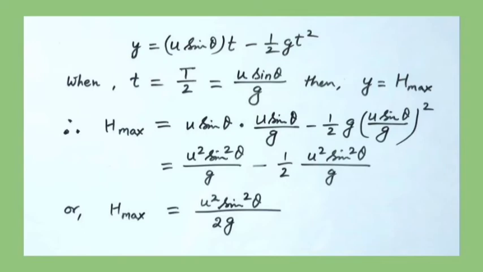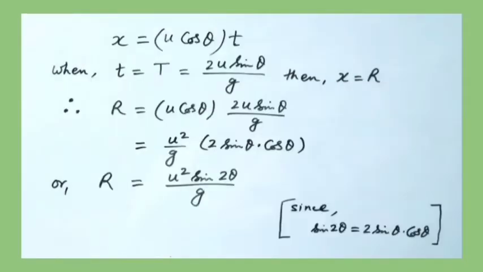Hence, h max = u sin θ · (u sin θ/g) − ½g(u sin θ/g)². It is equal to u² sin² θ/g − ½ u² sin² θ/g, which gives h max = u² sin² θ/2g.